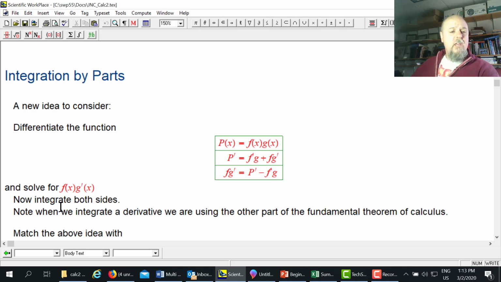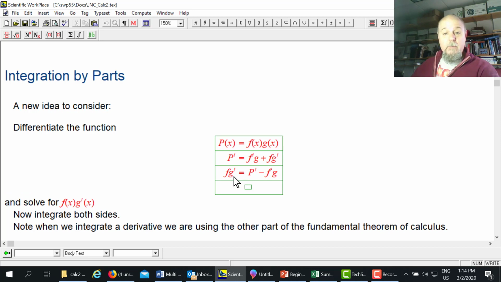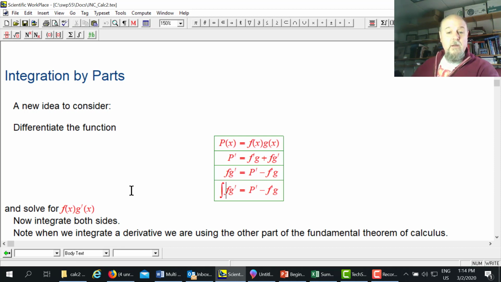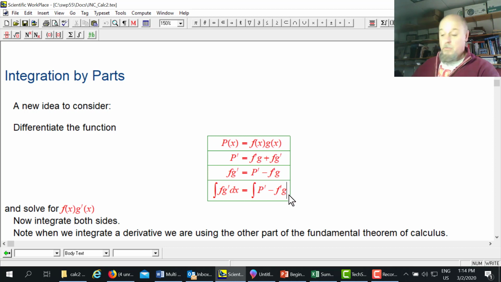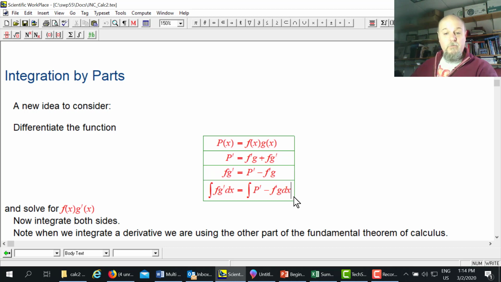Now it says here to just integrate both sides. So I've got this equation and I'm going to integrate both sides. I'm going to integrate f g prime with respect to x, and integrate the right hand side with respect to x.